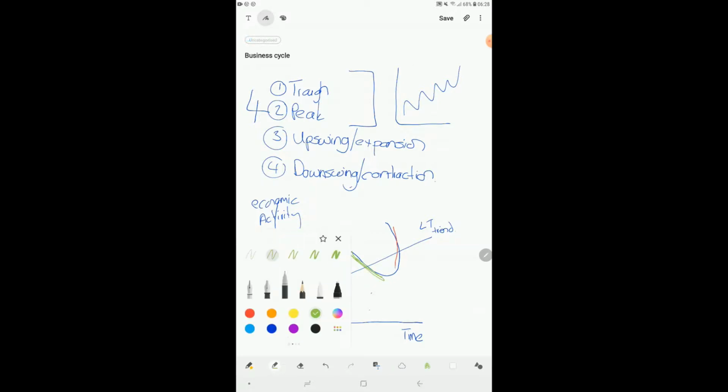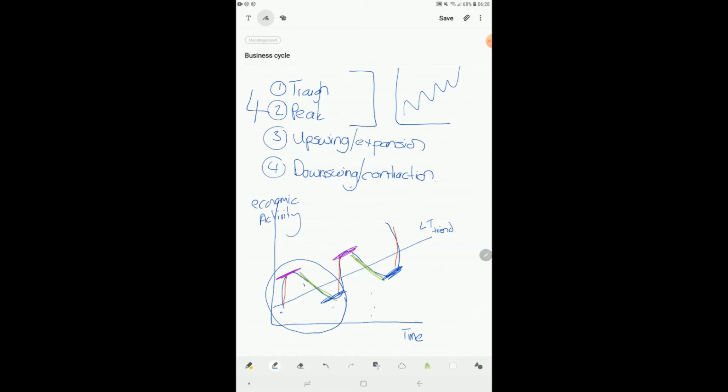Then we have the maximum periods, which are called peaks. And then we have the minimum areas that we call a trough. So all 4 elements, an upswing, a downswing, a peak, and a trough, need to be present in order for one business cycle to be completed.